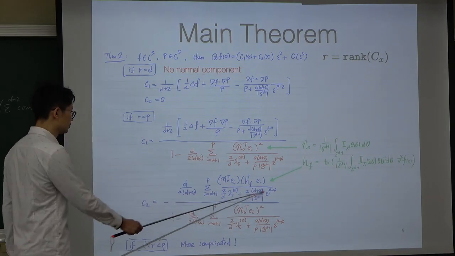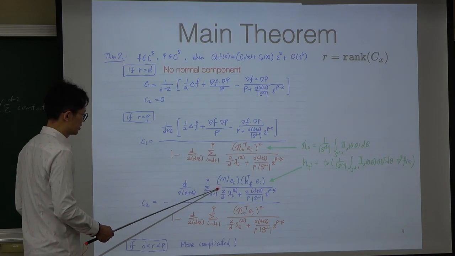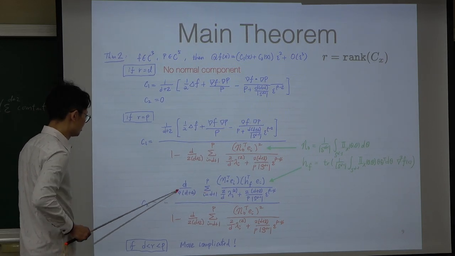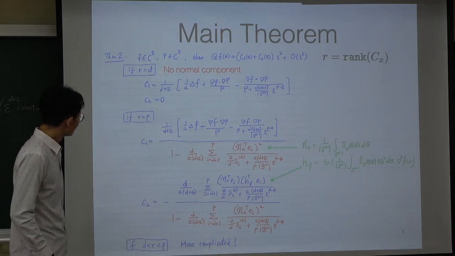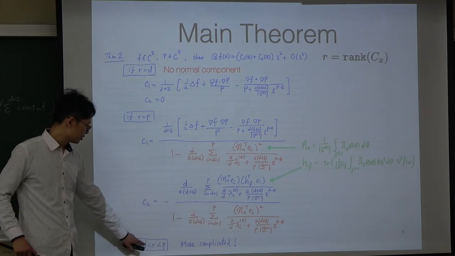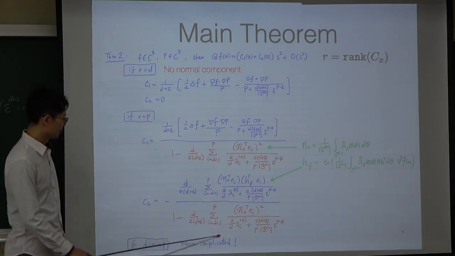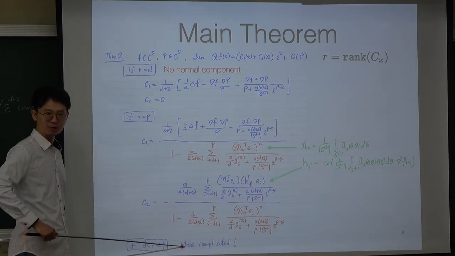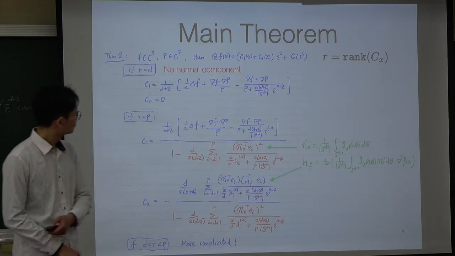You just get a lot of terms. You can control the order, the size, but it's hard to give too much geometric interpretation, and with some normalization. You may say, oh, this is already super complicated. But trust me, when R is in between, it is more complicated. So I don't really give it here. If you have interest, you can go to the paper and see it.